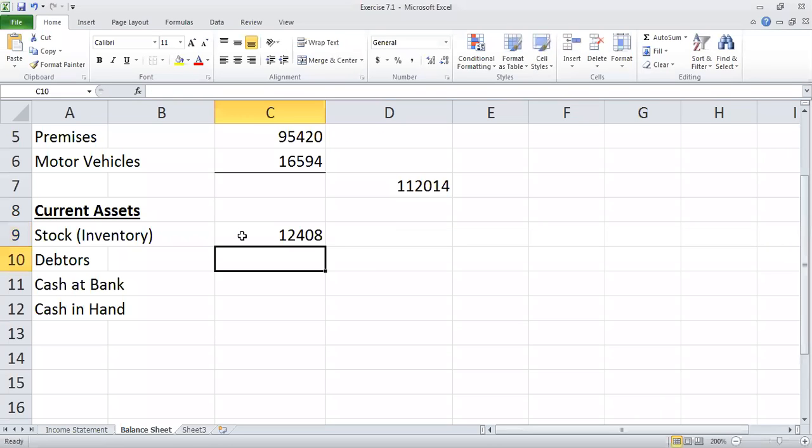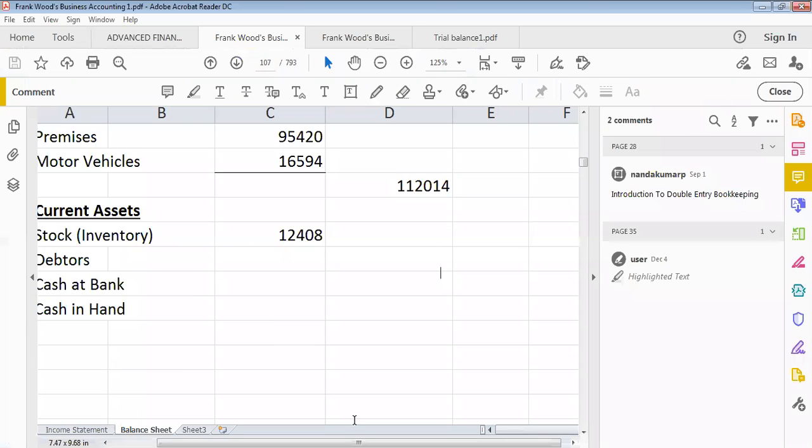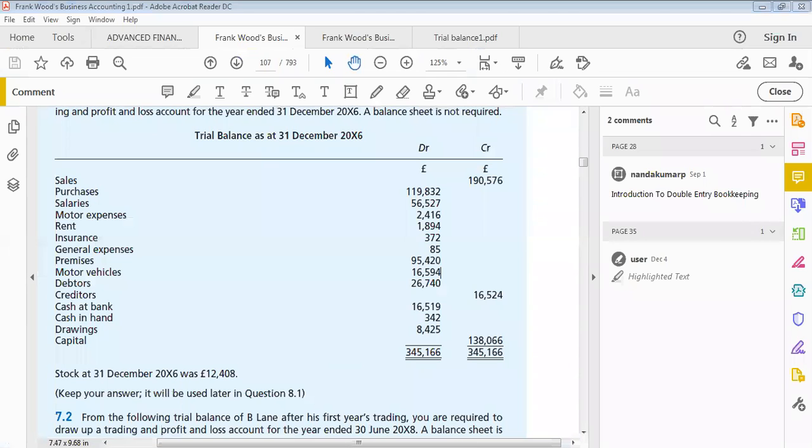12,408. And the debtors now, go look for it. Debtors now is 26,740, right?